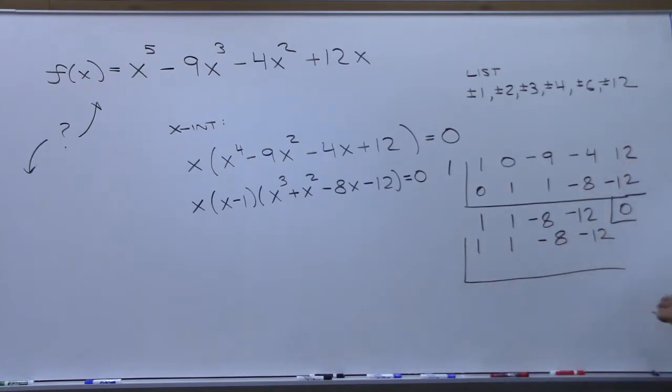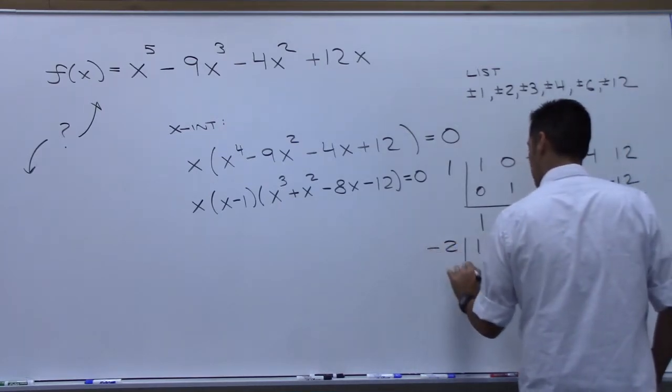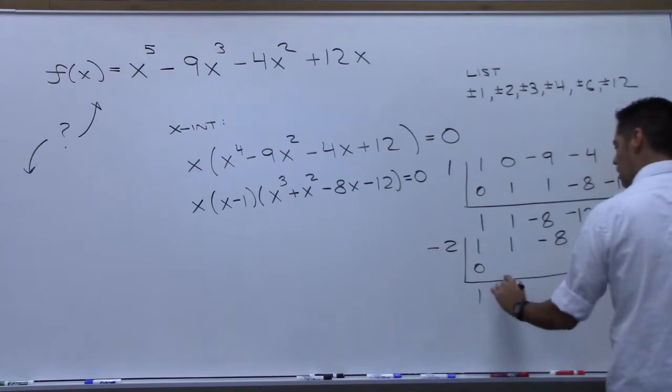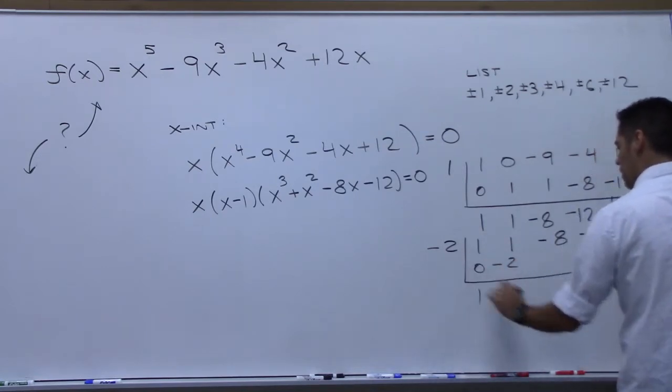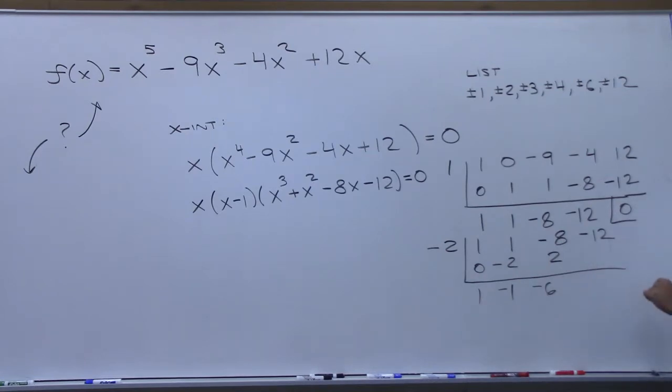So what worked on the second one? -2 was the next one to work? Just kidding, I put 3. So did you do -2? That's after you factor that, you get down to a quadratic.